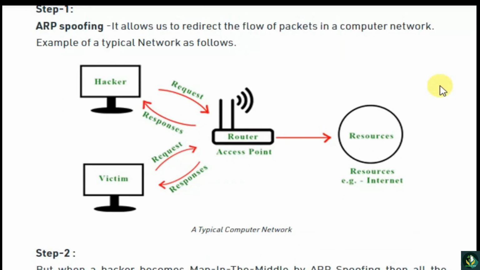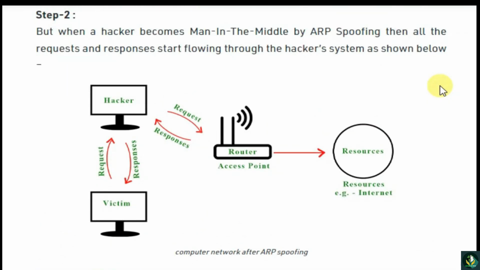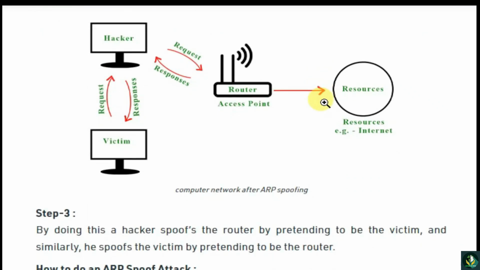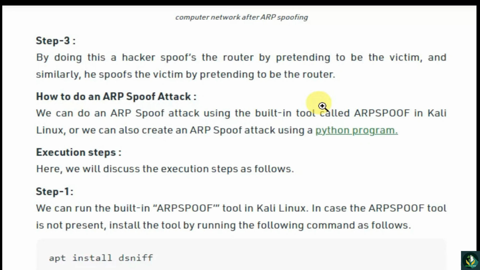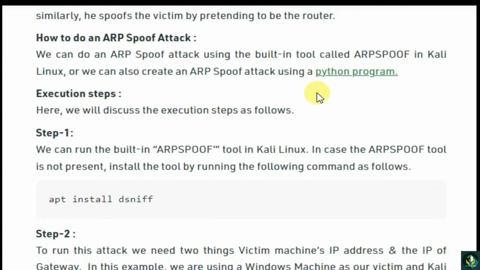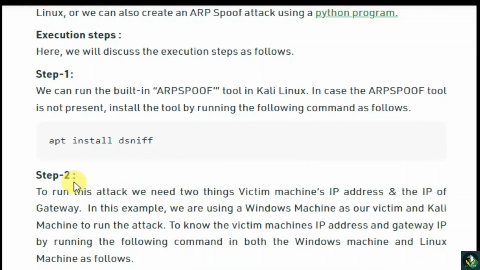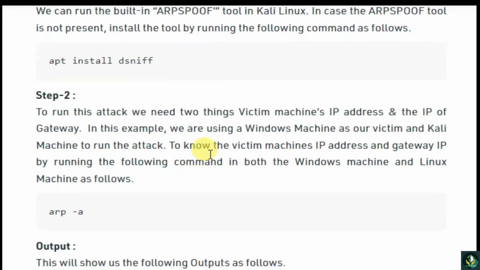from the client. And step 2, the hacker becomes the man in the middle by ARP spoofing. And step 3, and this is a Kali Linux command.